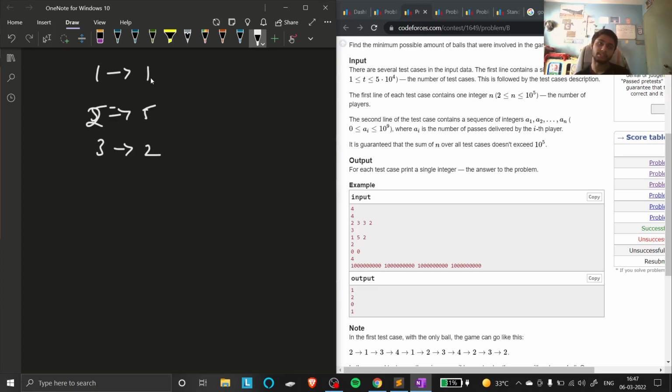Number of players. How can we do this? These twos will cut out. Every even number you should cut. Fine, and here we are left with these odd ones.